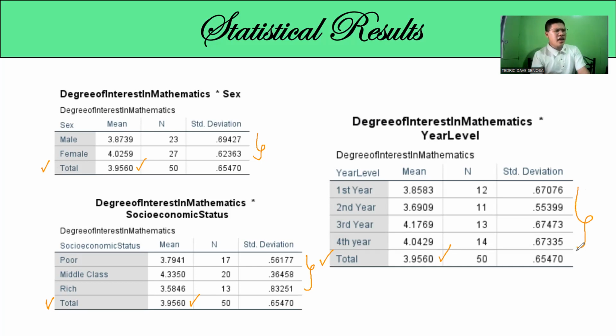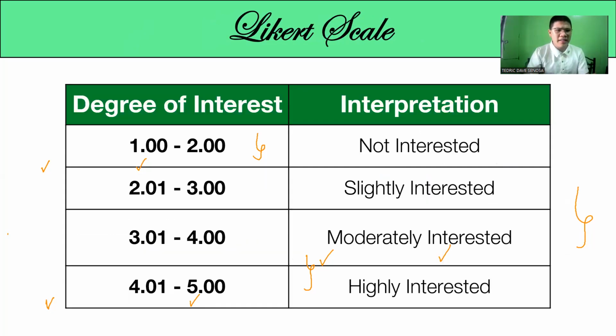So what does an APA table look like when you are summarizing your results? So here is the APA format. Sorry, before that, by the way, we're gonna erase everything. Before that, there is a Likert scale for our study. So this is actually contextualized depending on your study. So in this study, this is the Likert scale.